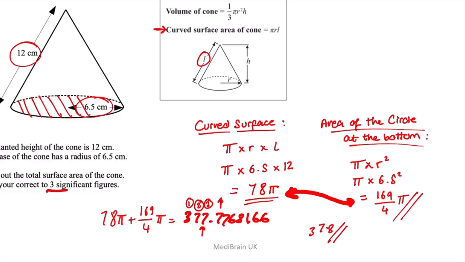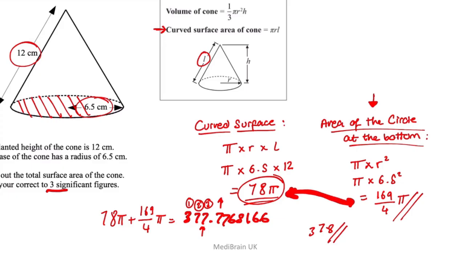If you got 245.044227, the reason why you got that was because you worked out the area of the curved surface. 78 pi is equal to 245.04422698. After that, you need to work out the area of the circle at the bottom, and then you have to add together the two values.